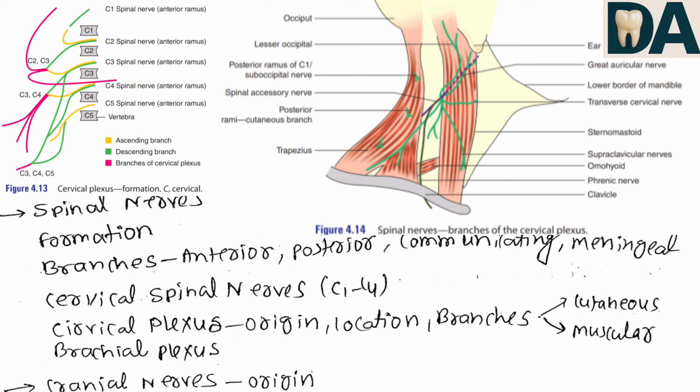Muscular branches. One is the suboccipital nerve, C1, which supplies the deep muscles of the neck; the phrenic nerve, from the anterior rami of C3 to C5, supplies the diaphragm. Third is the brachial plexus, C5 to T1.